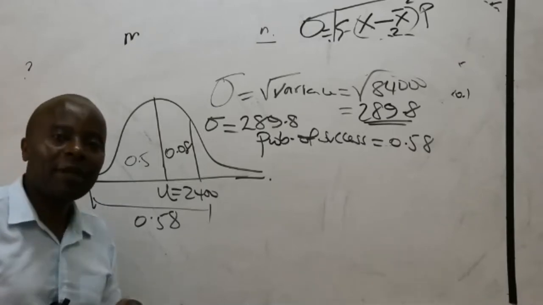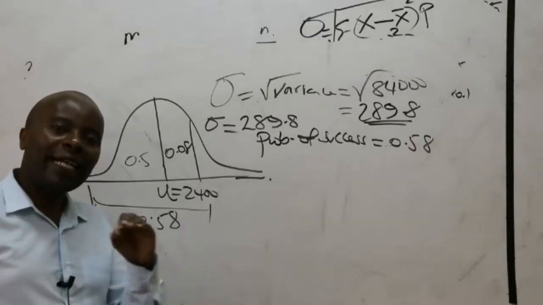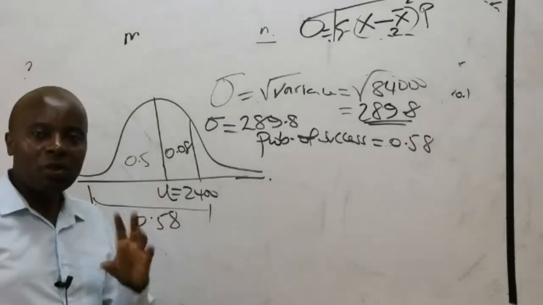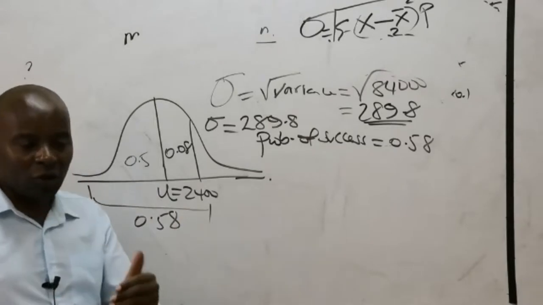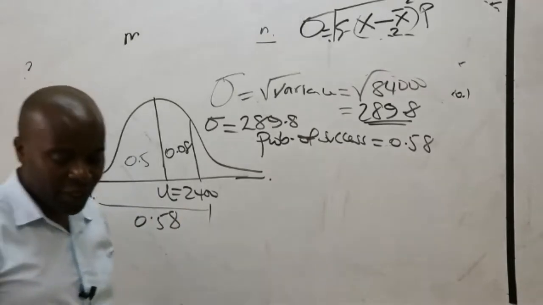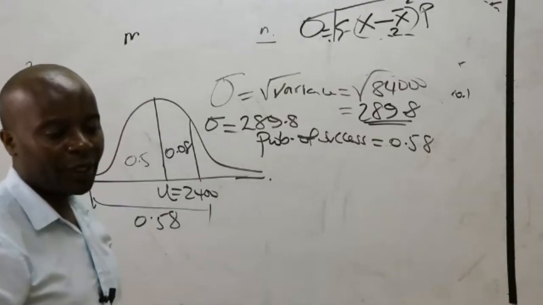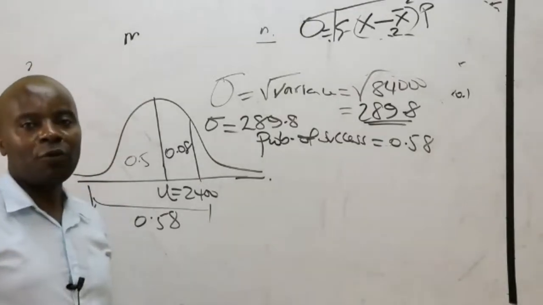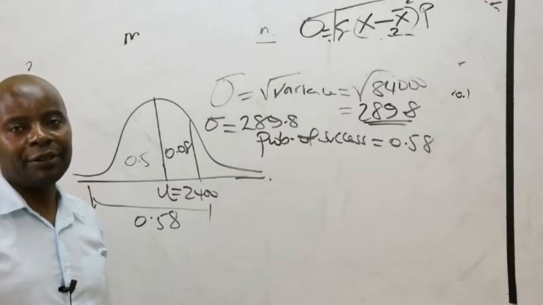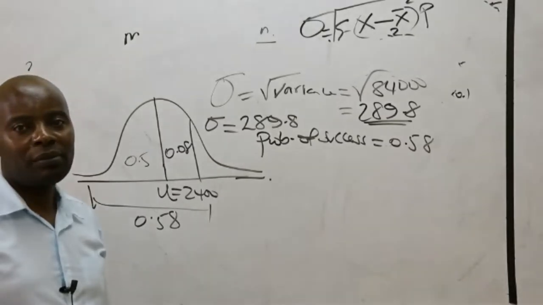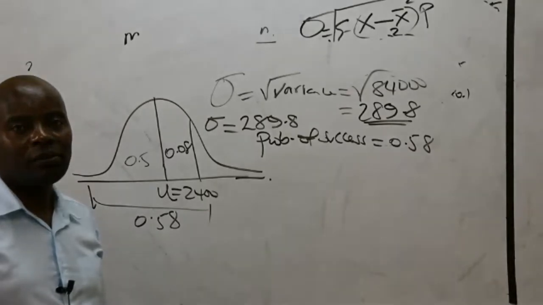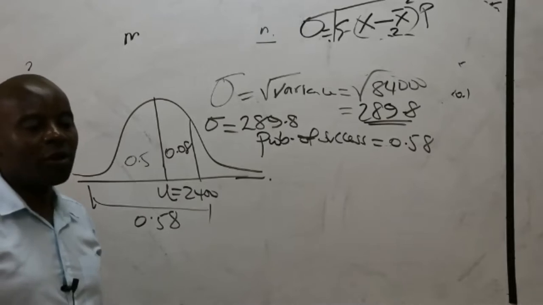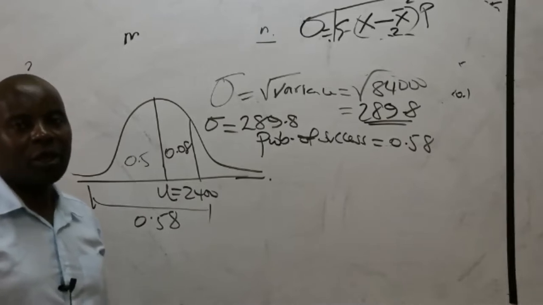Now, kama ni hesabu ya Mluya, lazima ukuje ustandardize, upate the Z score. Who remembers the formula of the z-score? Could somebody kindly write it for us? Z-score for normal probability distribution.